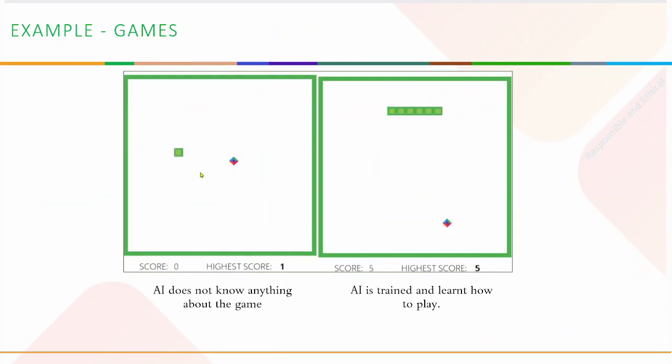On the left hand side, you see it is just randomly moving around the green box and is not able to catch the prey. But after a lot of trial and actions, here the AI is trained and it knows what action to take depending on the location or position of the object.